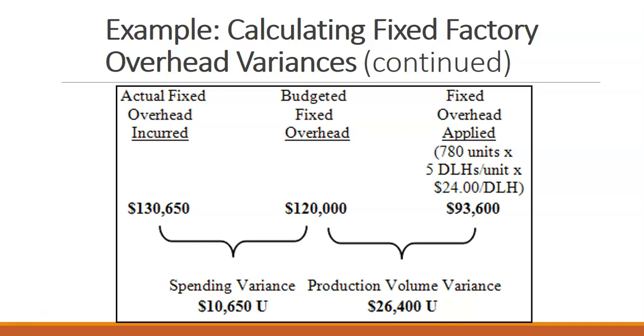So the fixed overhead that we applied was $93,600. We have a spending variance of $10,650 unfavorable, and a production volume variance that is $26,400 unfavorable. Those two add together to be the total fixed factory overhead variance.